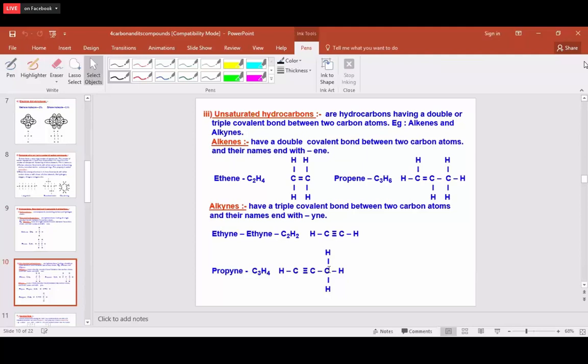Then this carbon contains one single bond with the carbon, and the remaining makes single bonds with hydrogen atoms. So there are 3 carbon atoms and 4 hydrogen atoms present. So C3H4.